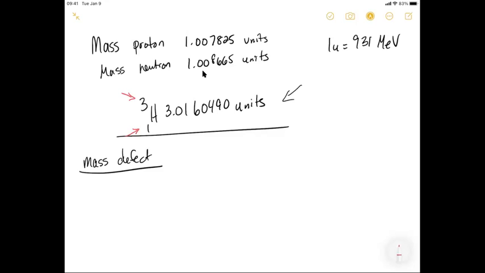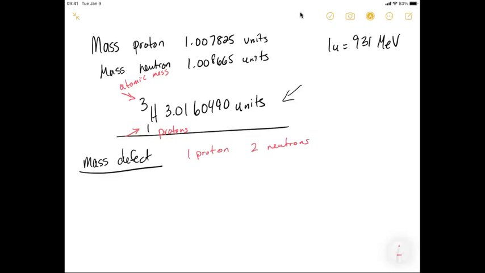So on the bottom, we have 1, which represents the number of protons. And this is atomic mass, which means there's 2 neutrons. So based on atomic mass and atomic number, we have 1 proton and 2 neutrons.